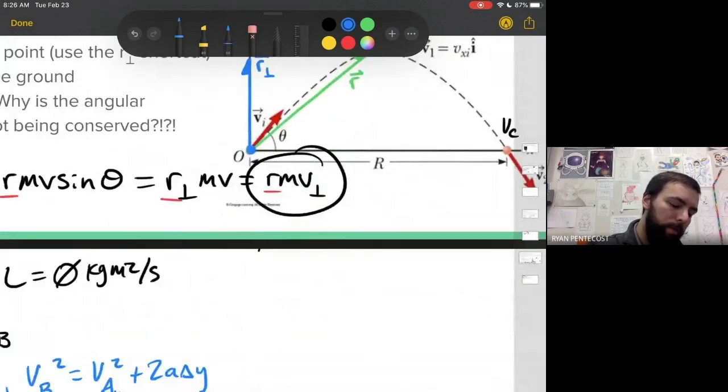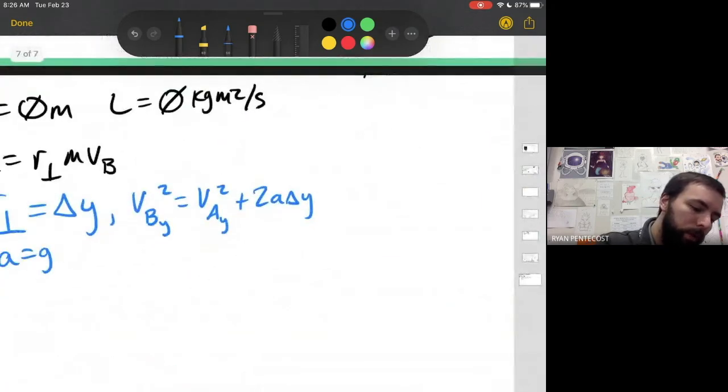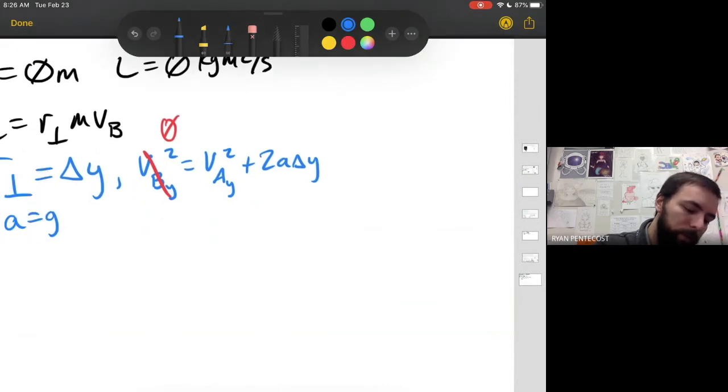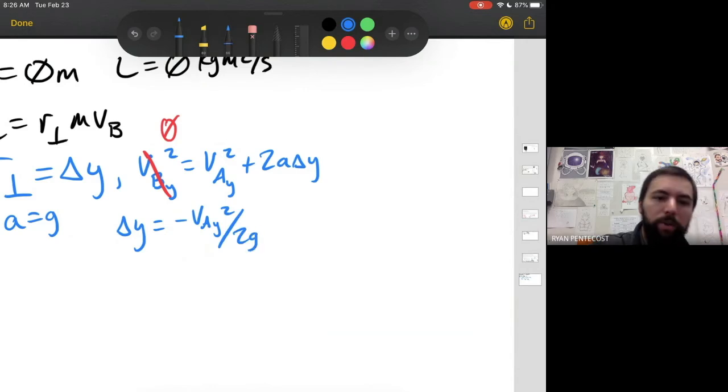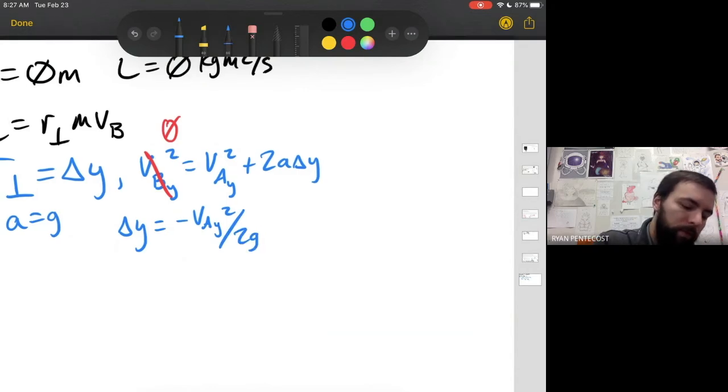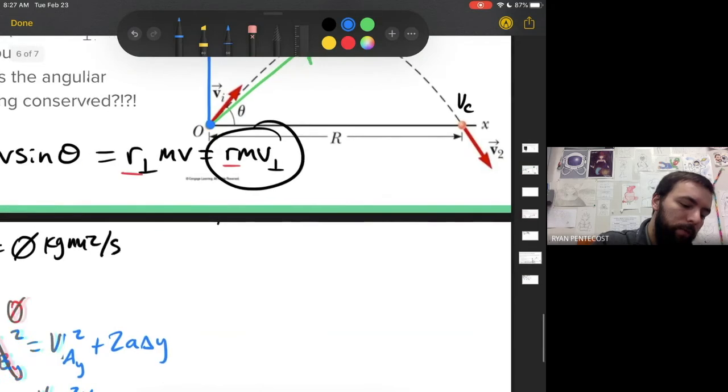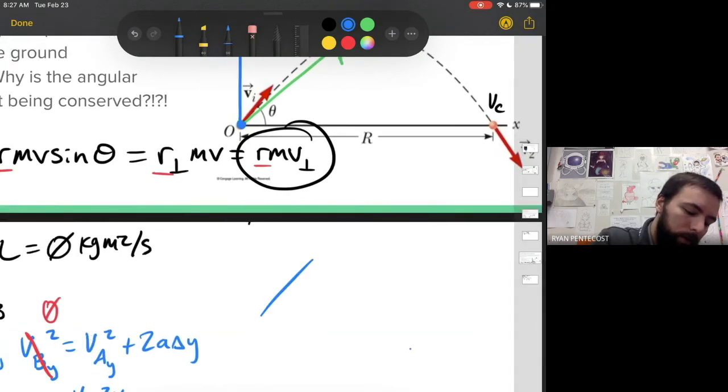So if we want to solve for Y, delta Y would be negative VAY squared divided by 2G.